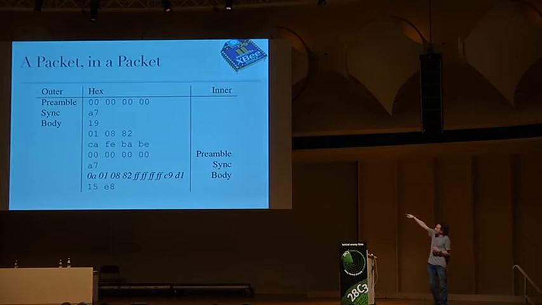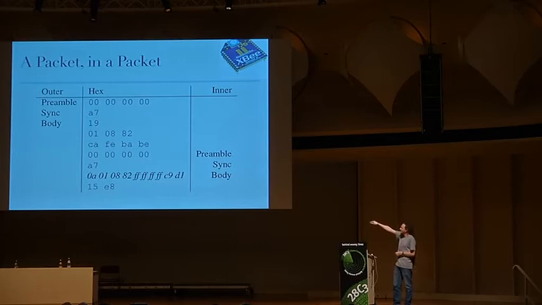This is then followed by the familiar fields. The 19 hex is the length. 01, 08, 82, those are flags. Cafe is the source address, and babe is the destination address, or the other way around. And then if inside of the packet, anywhere inside of the packet, you put that same beginning, these zeros and the A7, and then you have a shorter frame, that's the one in italics here, that ends with a valid checksum.